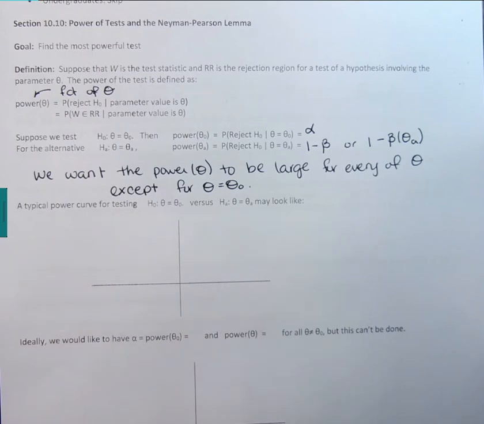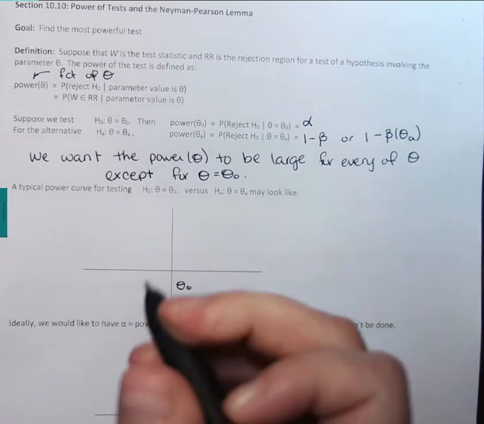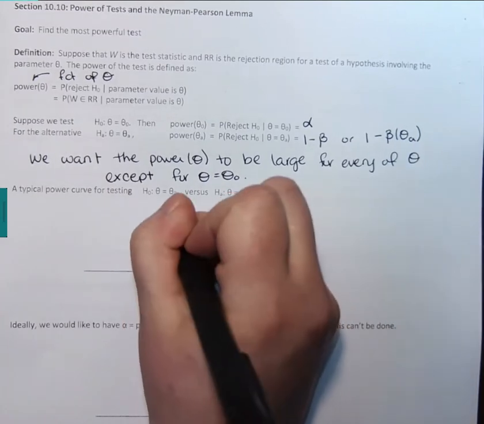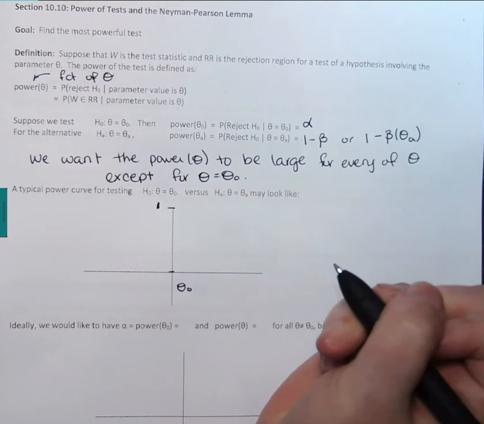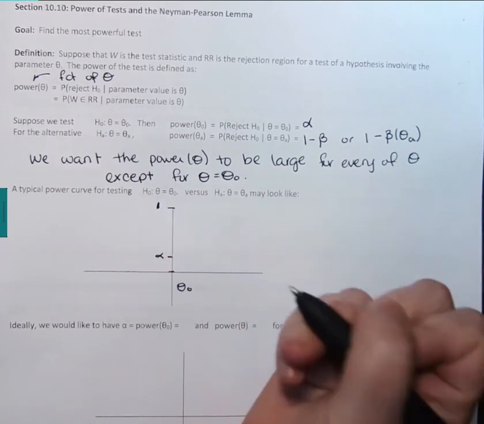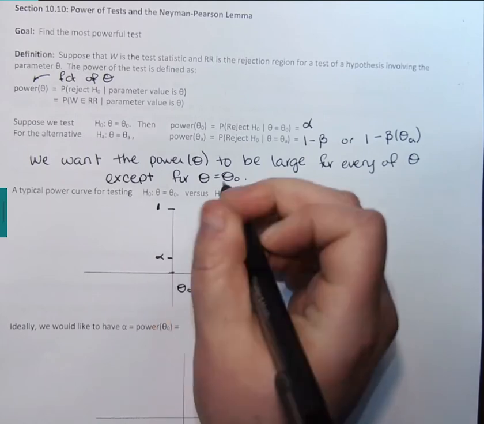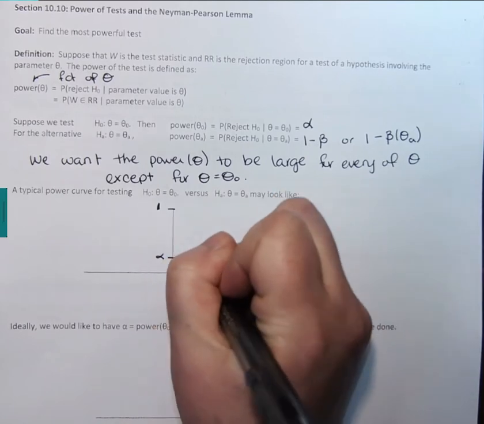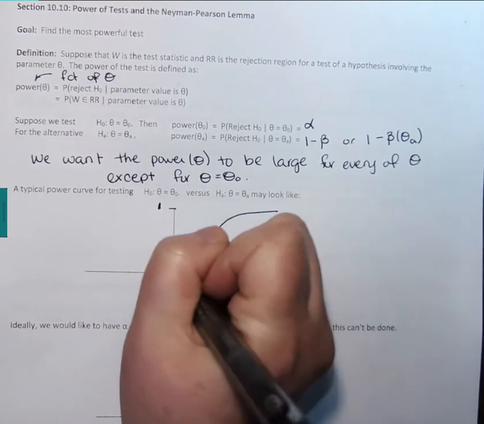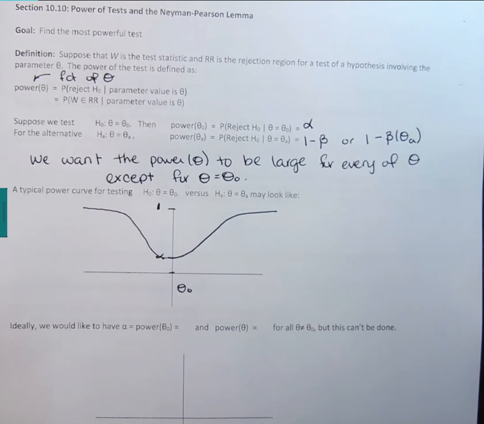So typically what these power curves look like is, if we have theta naught here, and notice that power is restricted between 0 and 1, power at theta naught will be alpha, and then as we move away from theta naught in either direction, the power will increase to 1. We've seen that.